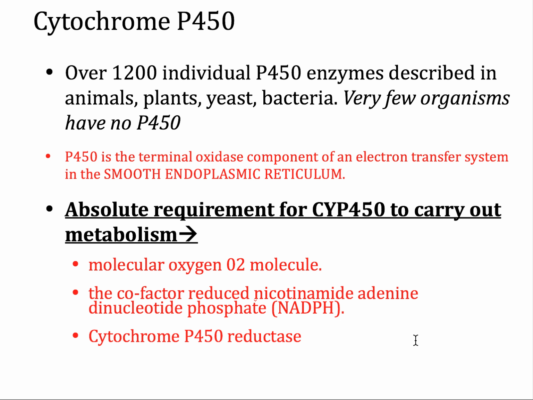You want an oxygen molecule, you want NADPH which can give up an electron, and you want a cytochrome P450 reductase which contains the NADPH and gives the electron to the cytochrome P450. Now we'll go into a bit more detail of why it has to do that and how it does it.